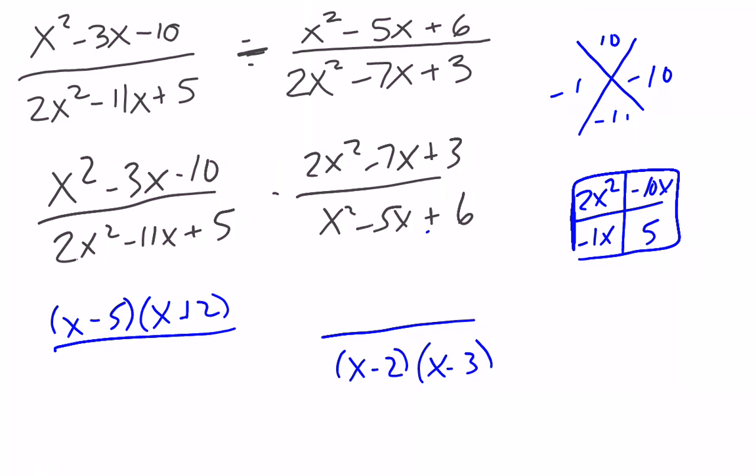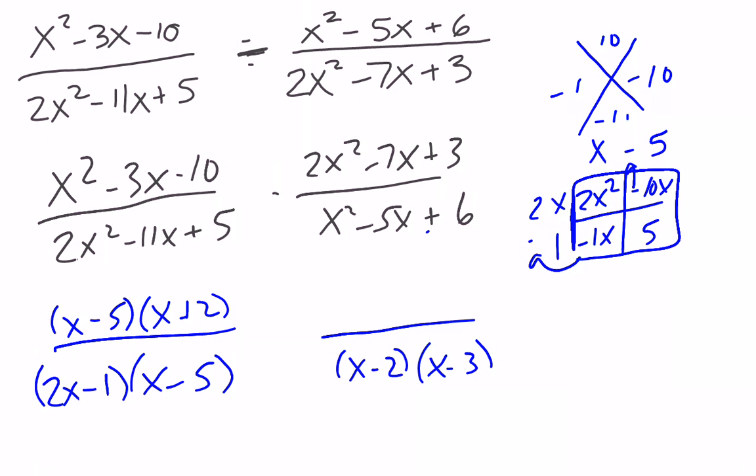Remember, we're just rewriting those terms from the original. And then I take out GCFs. We know how to do this. And remember, the sign comes out from the diagonal. Or you could think of it as multiplication. So that means my first denominator would be 2x minus 1 times x minus 5.